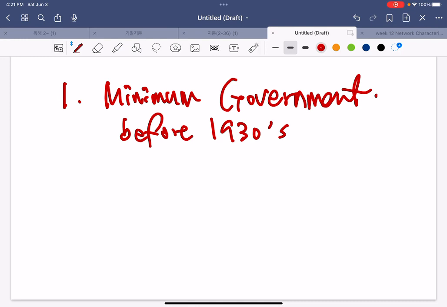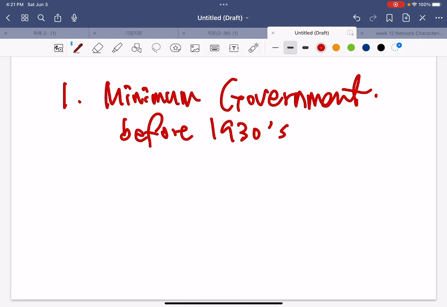Why? At that time, people believed in the power of the market. As Adam Smith emphasized, the invisible hand. The market could voluntarily produce public services.